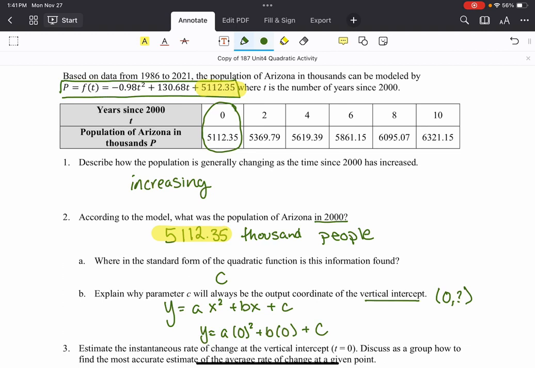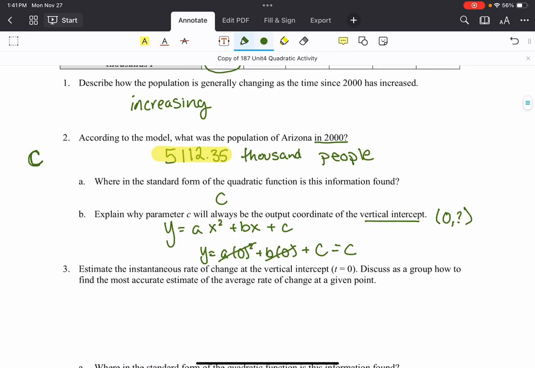Both the squared term and the x term would go away, and I'd be left with just c. And so on our quadratic function, that vertical intercept is always going to have a value of c. So we've figured out what that c parameter represents. It's our initial value.